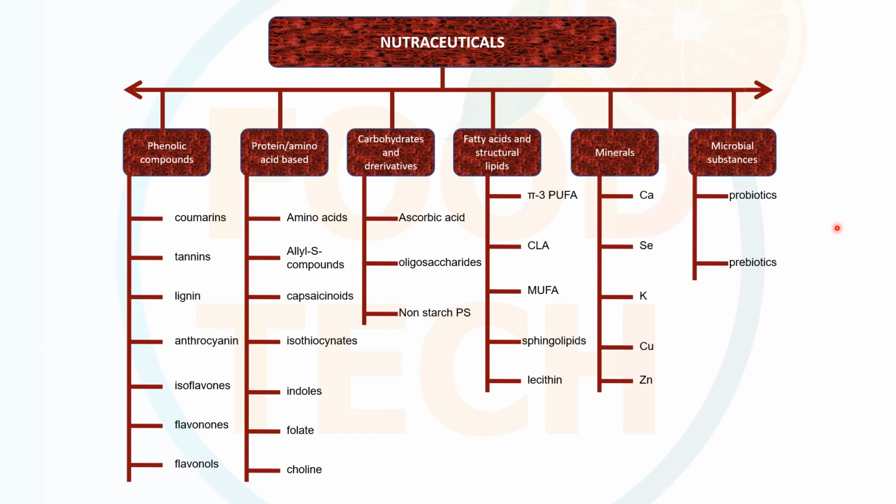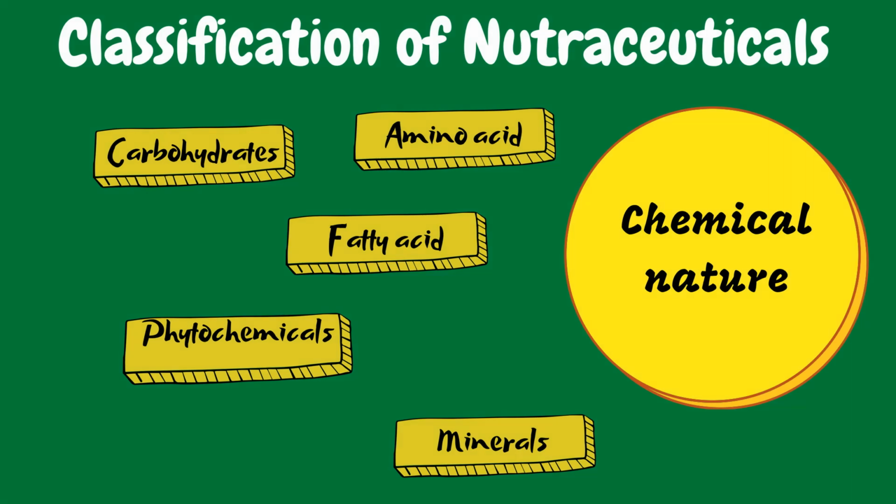The phenolic compounds I have already mentioned here. Fatty acids, CLA, MUFA, lecithin, and amino acid are the protein source, carbohydrate source and its derivatives, oligosaccharides, non-starch, and ascorbic acid. Microbial substances are prebiotic and probiotic. So these are the chemical natures.